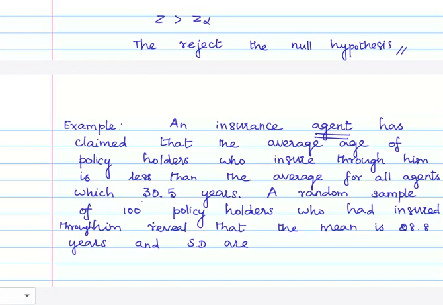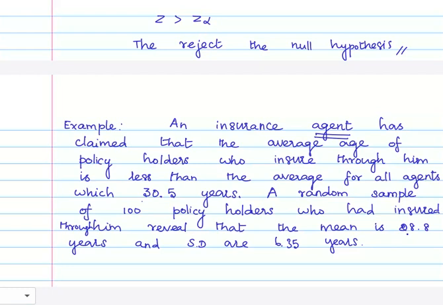A random sample of 100 policyholders who insured through him revealed that the mean is 28.8 years and the standard deviation is 6.35 years. I am using alpha 0.05 significance.